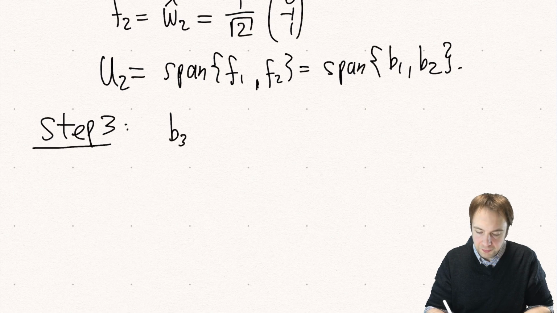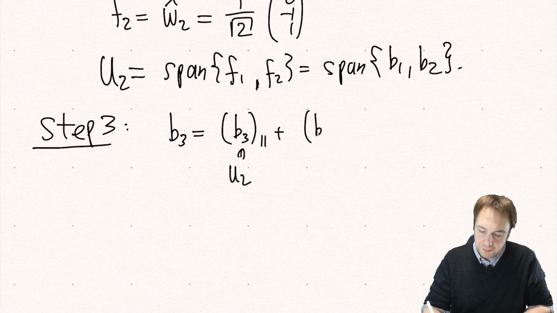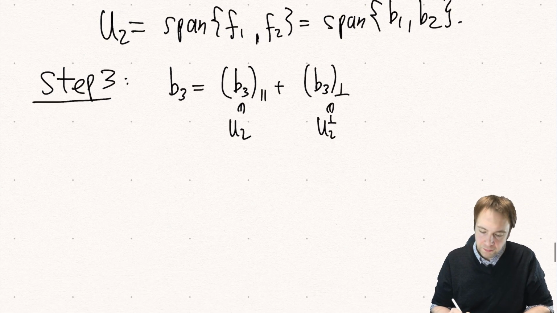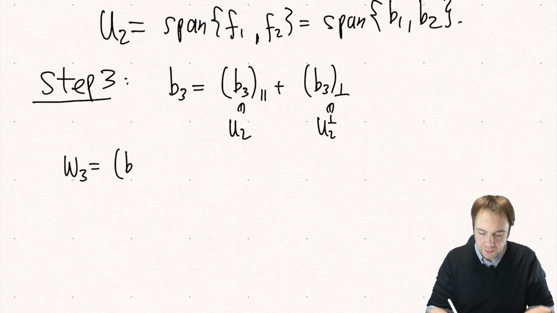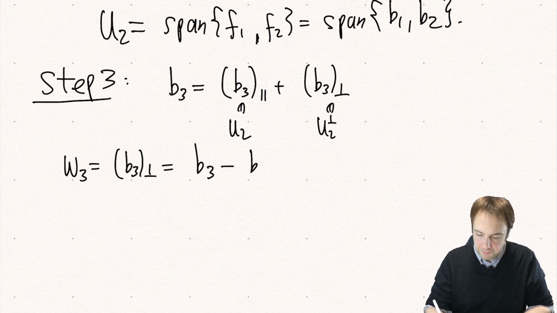So B3 can again be written as B3 parallel, which is in U2, plus B3 orthogonal, which is in U2 orthogonal. And we define W3 to be just this part, which is B3 minus B3 parallel.